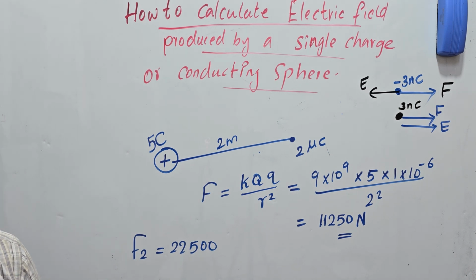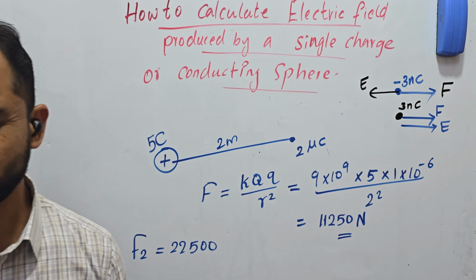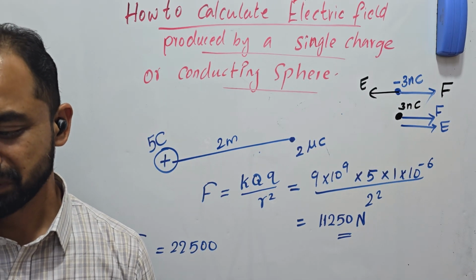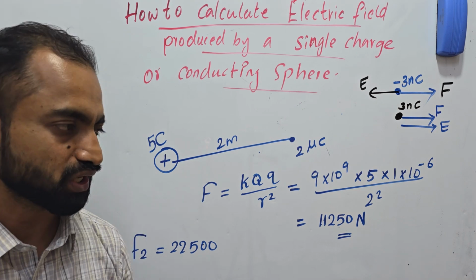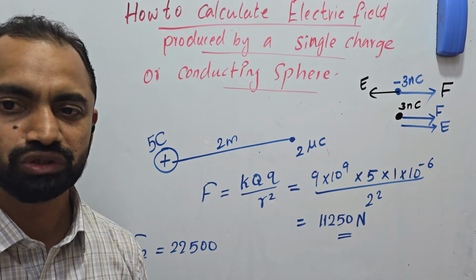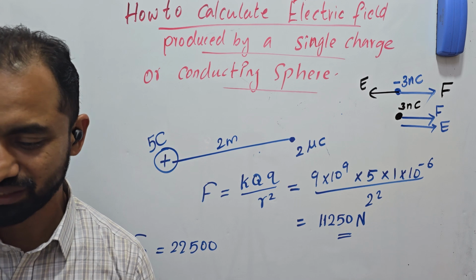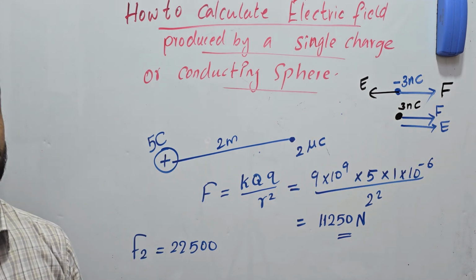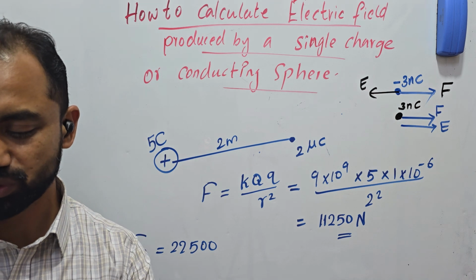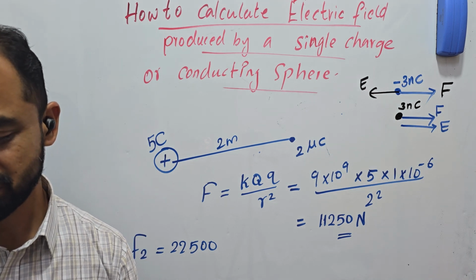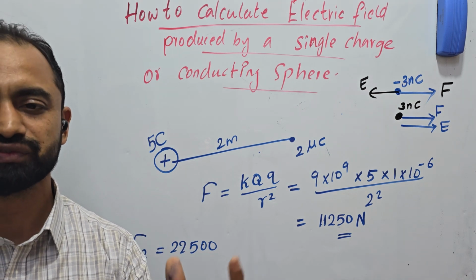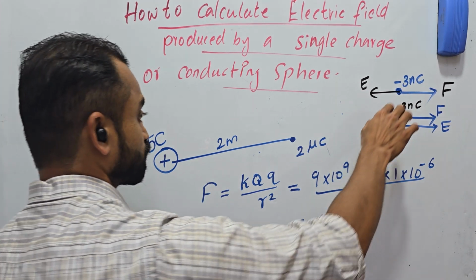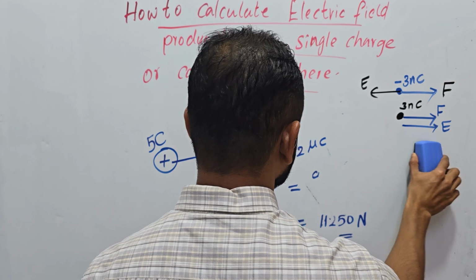So we can say, would you measure the same force? No. We will measure a different force. The 2 microcoulomb charge will experience twice the force, or double the force, compared to the force experienced by the 1 microcoulomb charge.